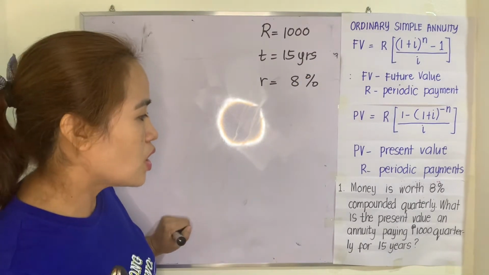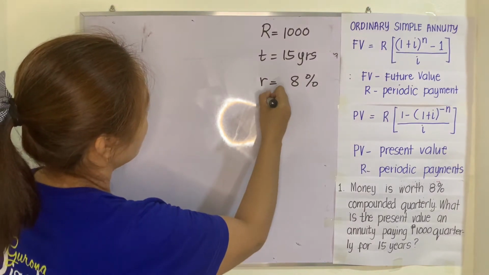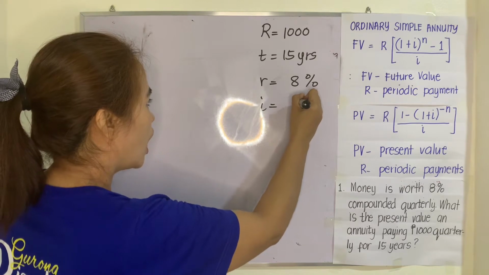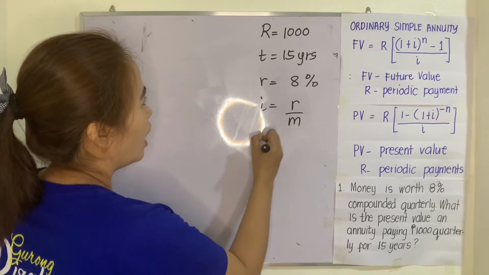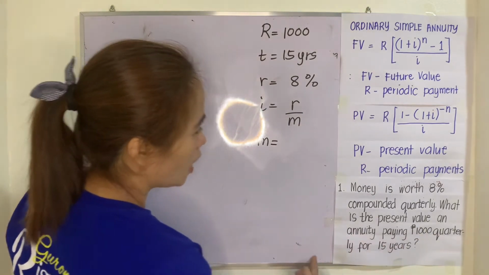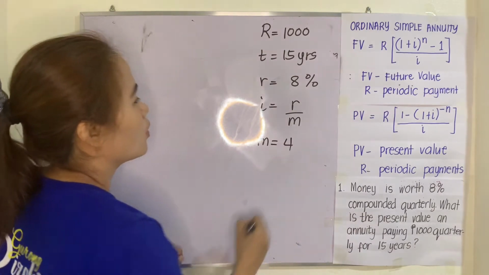We also have, of course, the i, which is equivalent to the rate divided by M. Our M is compounded quarterly, so that is 4.